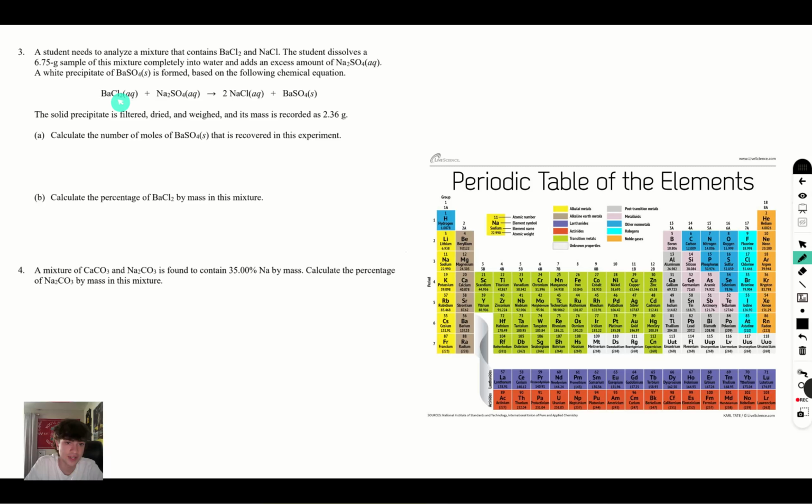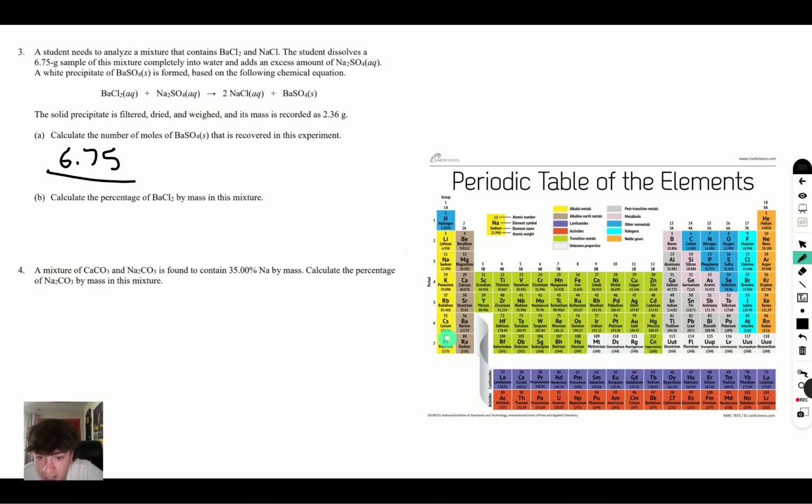Alright, all that to say, there's the same amount of BaCl2, which we're given the mass for, the same amount of moles as there is BaSO4. So all we need to do is find out how many moles of BaCl2 there are. The way you would do that is 6.75, which is the mass provided, divided by the molar mass of BaCl2.